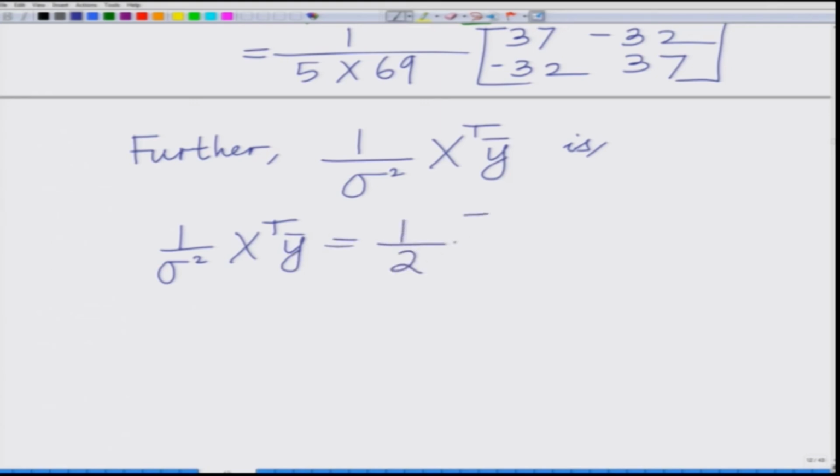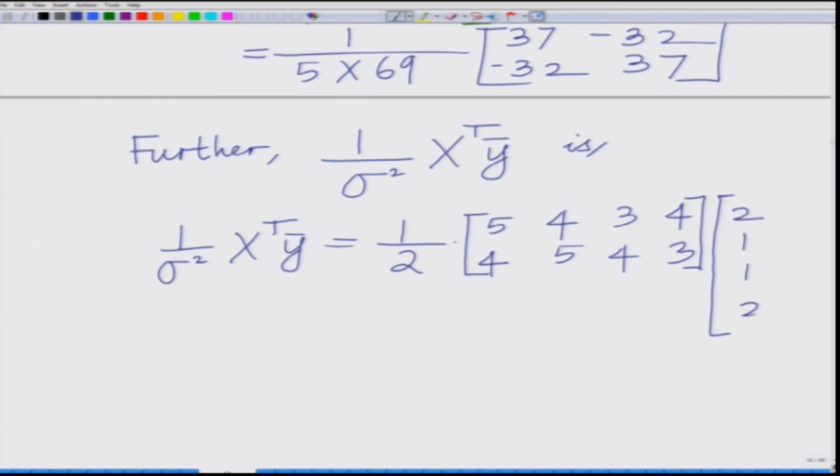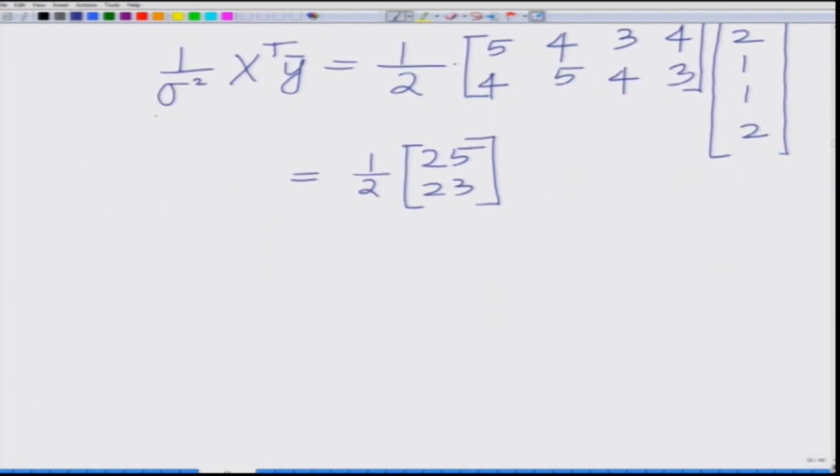So, 1 over 2, x transpose is 5 4 4 5 3 4 4 3 times 2 1 1 2, which is equal to half 25 23. And now, we have computed both these components, 1 over sigma square x transpose y and the other, alright.